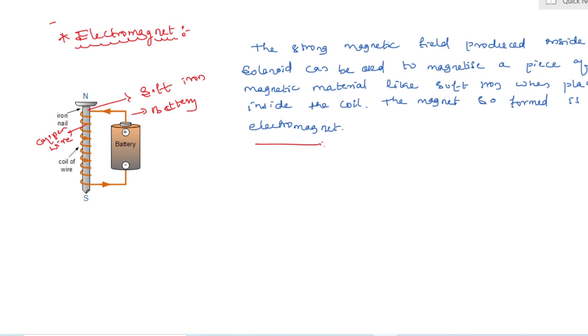An electromagnet is used in electric bells, electric motors, telephones and loudspeakers, and for sorting scrap metals. Yes, my dear students, where is an electromagnet used?